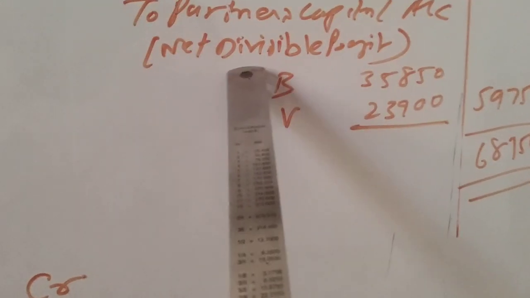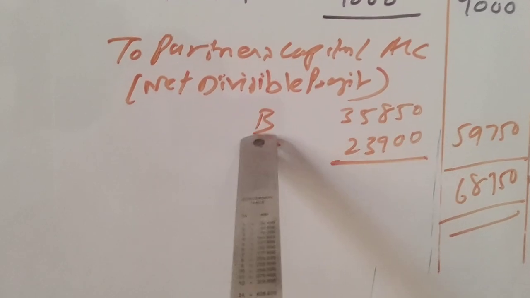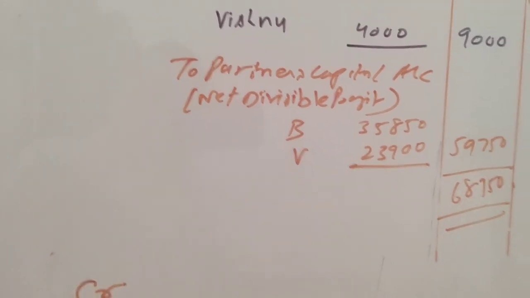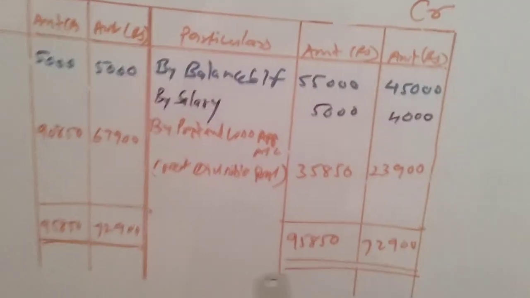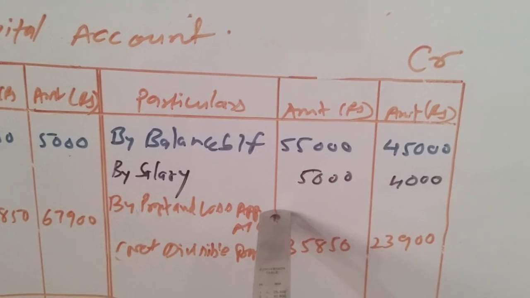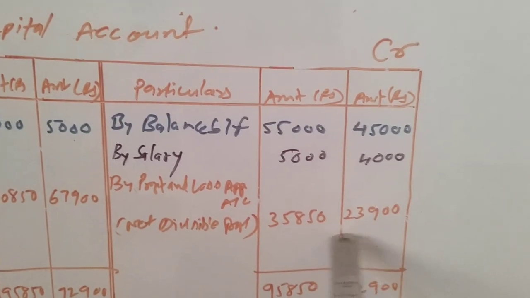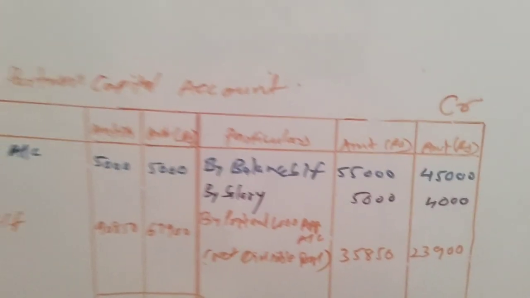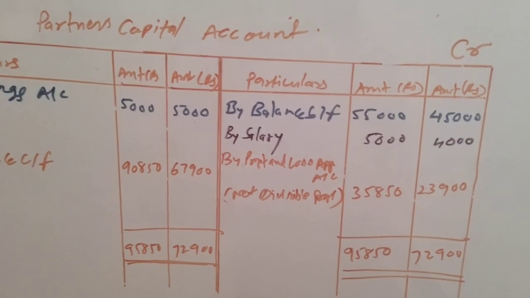As profit is added to capital, as we very well know, it will be recorded on the credit side of the capital account. So here it is, by profit and loss appropriation account, net divisible profit, 35,850 and 23,900, which we are writing in the partners capital account.